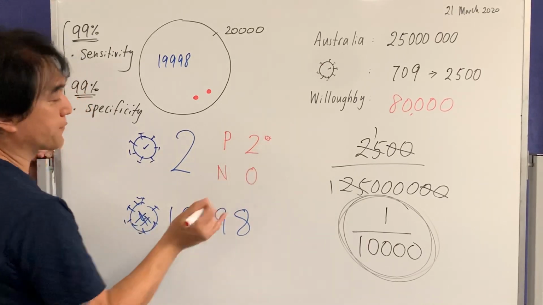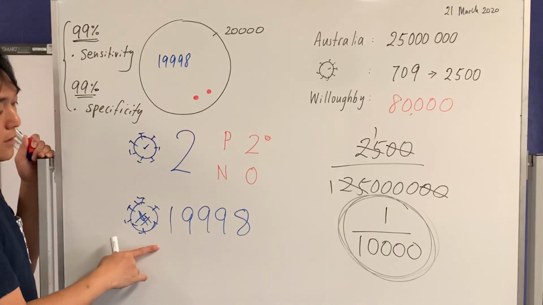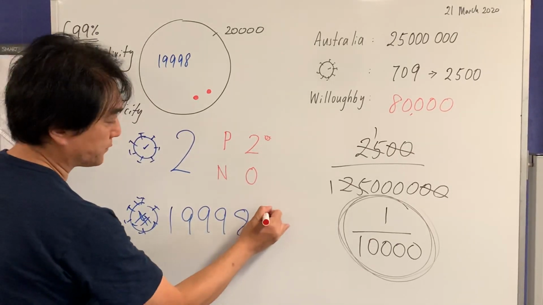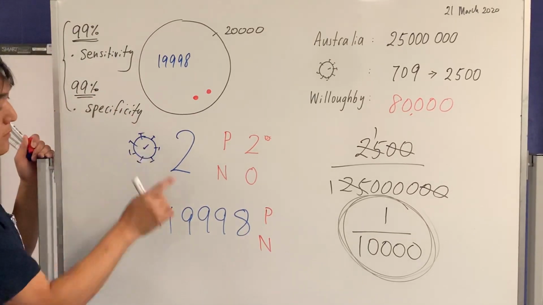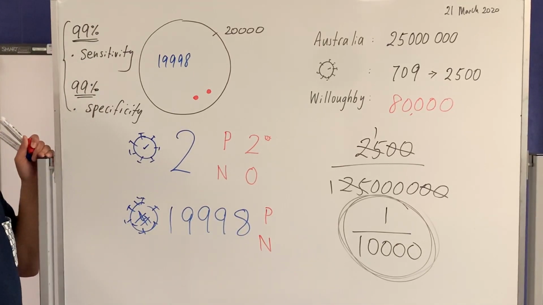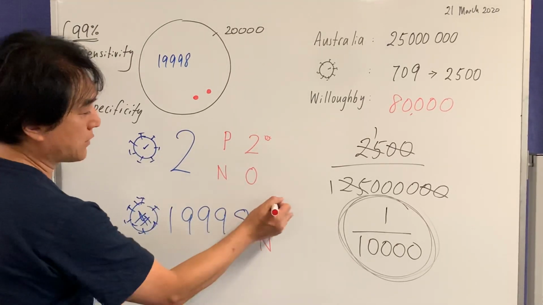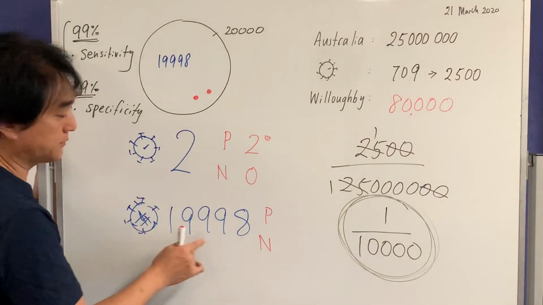Coronavirus there, right? When we test 19,998 people, with 99% accuracy, the result will be, no, you don't have coronavirus. But 1% of these people will get the result saying you have coronavirus.